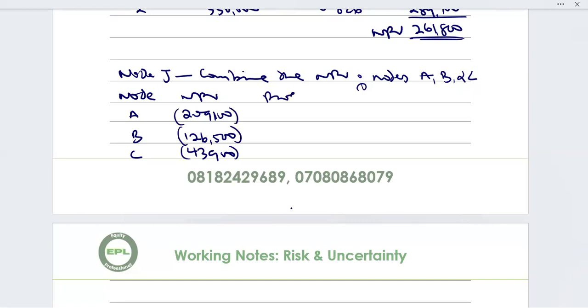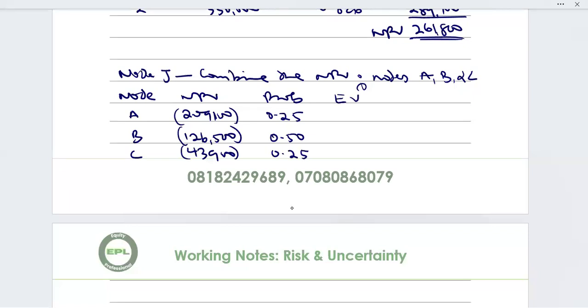Then we include probability, because for node J, there's a probability of 0.25 under A, 0.5, then 0.25. Then we get the expected value.